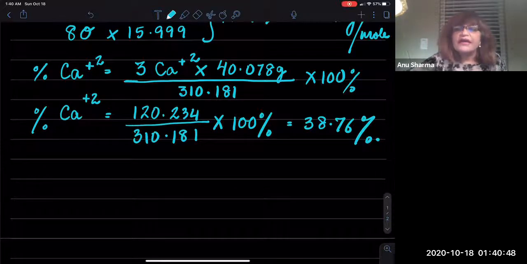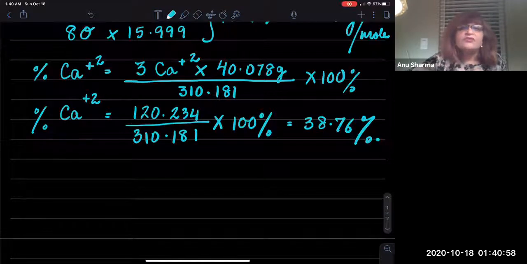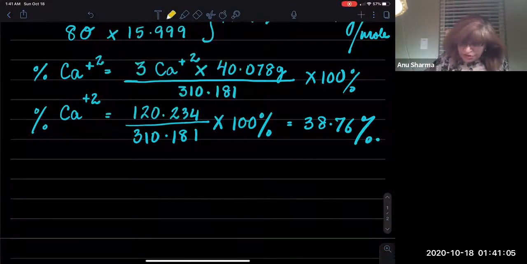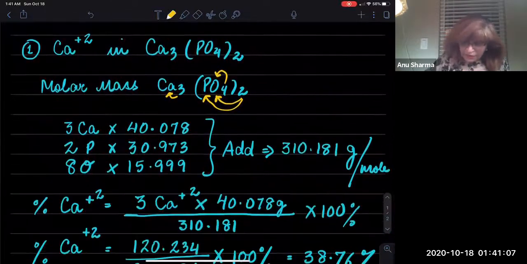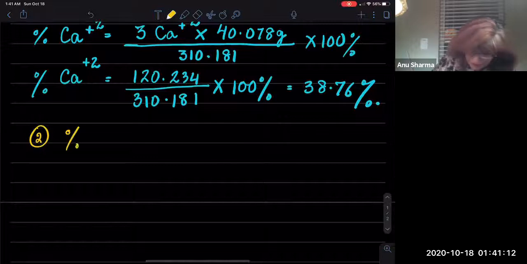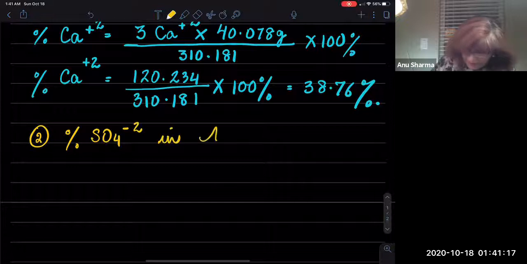All right, next we are going to look at how much is the percentage of sulfate present in aluminum sulfate. So the second question is looking at the percentage of sulfate in Al2(SO4)3.